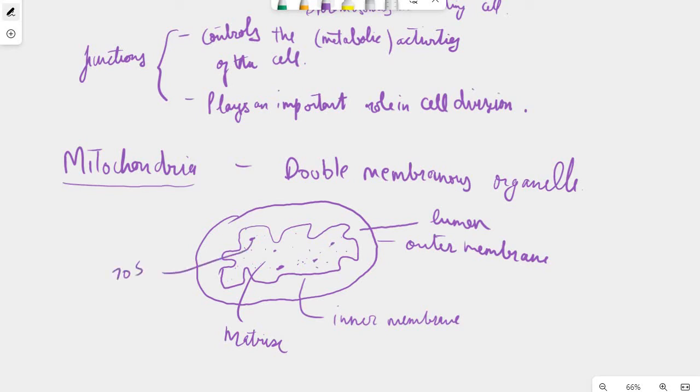And of course DNA. Also note that in mitochondria circular DNA is present, while in the nucleus the DNA with the double helix structure is present. Basically the structure is same, but a different type of DNA is present. So there's a difference between the DNA of mitochondria and the DNA of nucleus.